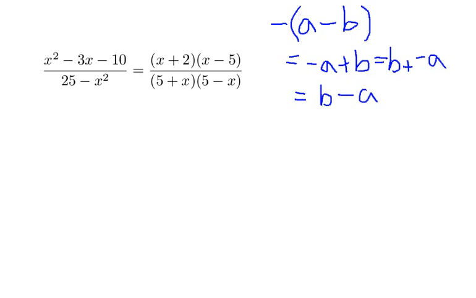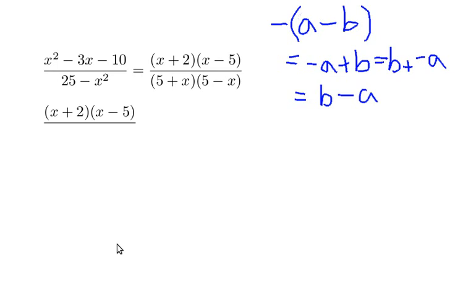So, if we have x plus 2 times x minus 5 in the numerator. And here's what I'm going to do on the bottom. I'm going to switch the order of this 5 minus x by pulling out a negative.